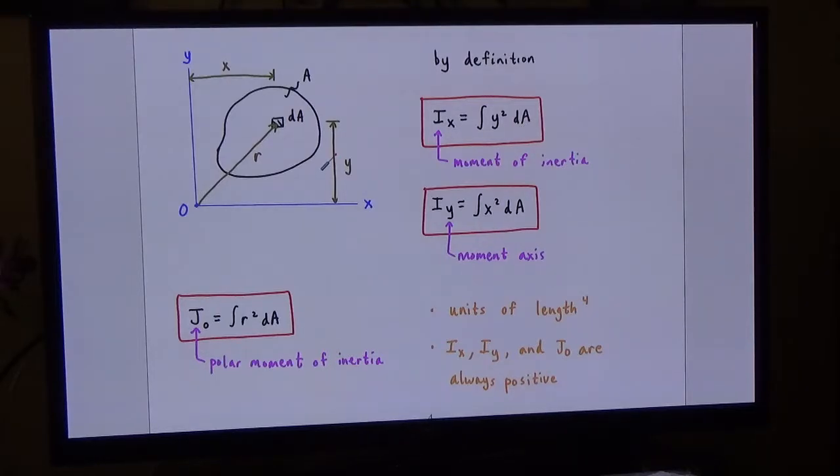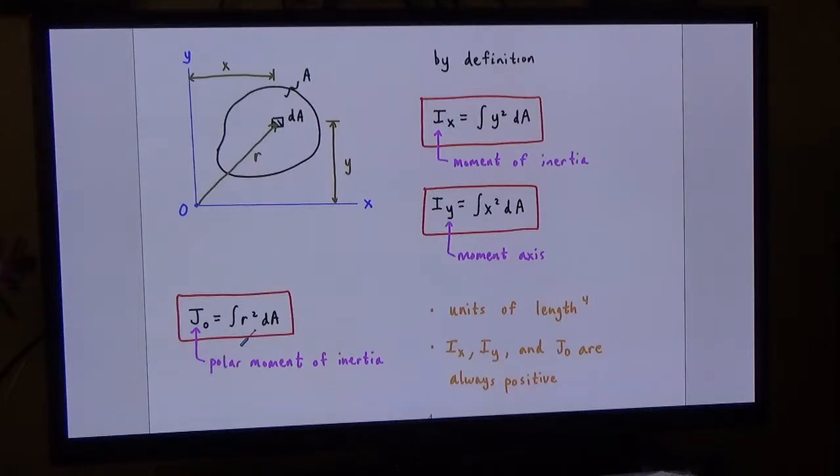If we want the moment of inertia about the y-axis, then the moment arm becomes x, and we have the integral of x squared dA. If instead we want the polar moment of inertia, that means we're taking it about some point O, and in this case it's not x or y in the equation, it's r. We have the integral of r squared dA.